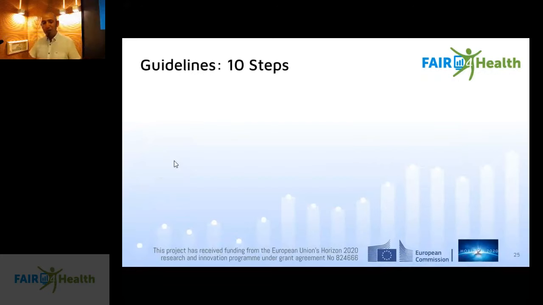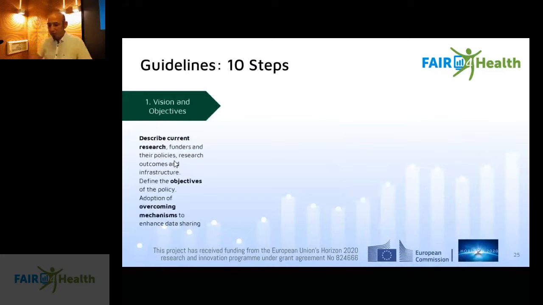And now I will try to summarize as much as possible the steps that the FAIR4Health project has developed for this purpose. The first one is about the vision and objectives, and as we said before, you also must define overcoming mechanisms to tackle all the challenges that this implementation will have.